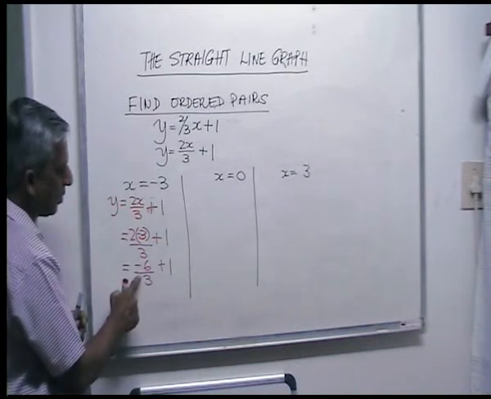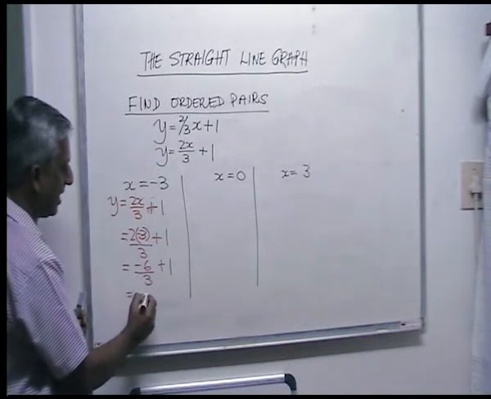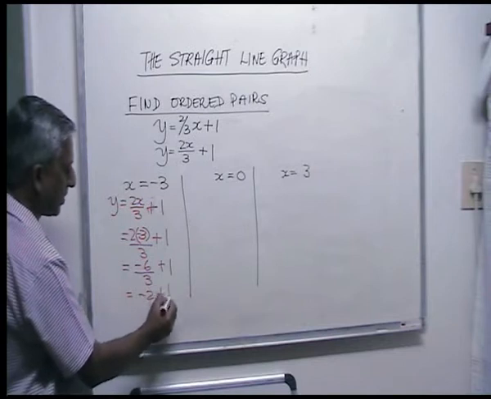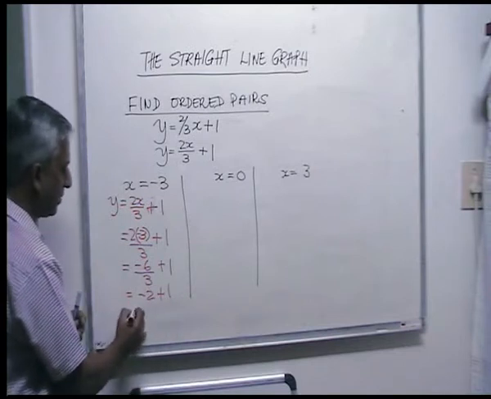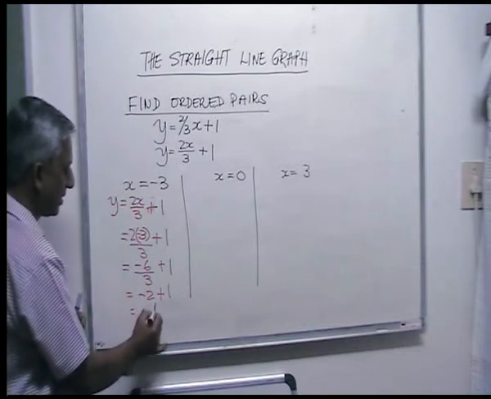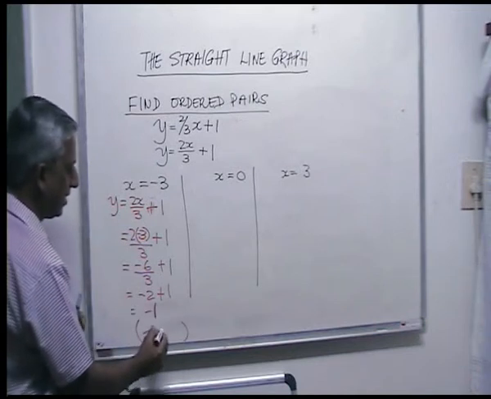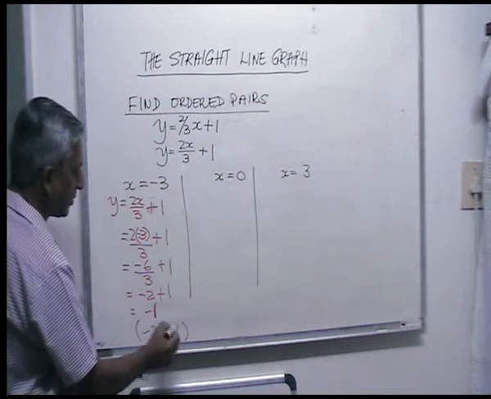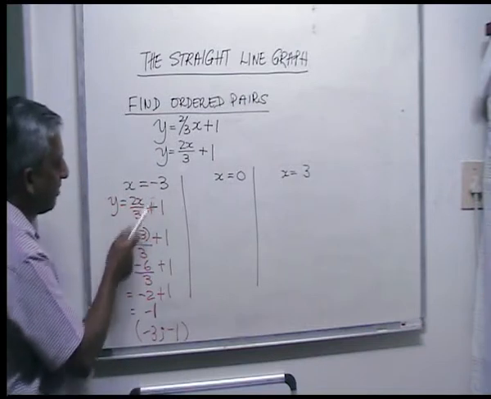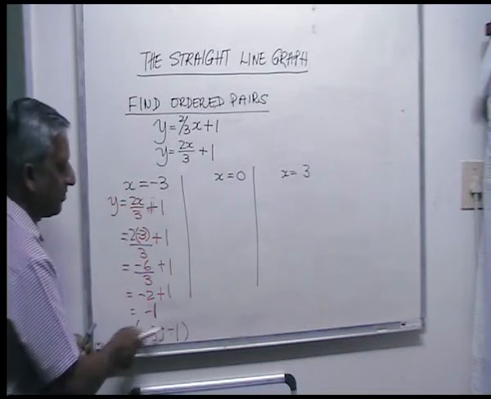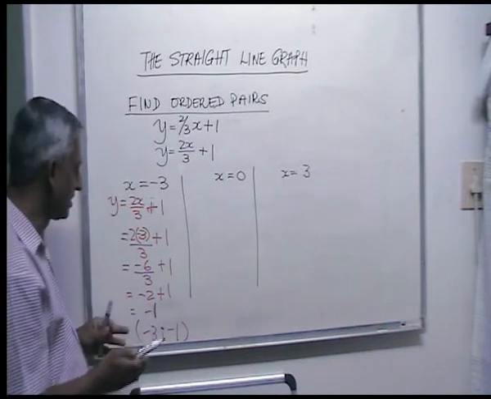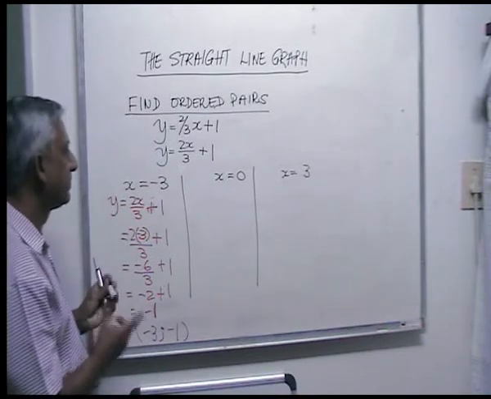Now minus 6 over 3 will give you minus 2 plus 1. Minus 2 plus 1 gives you minus 1. So finally your ordered pair is minus 3, minus 1. You see, by choosing that minus 3, you didn't end up with any fractions, you end up with nice numbers and you can work easily.